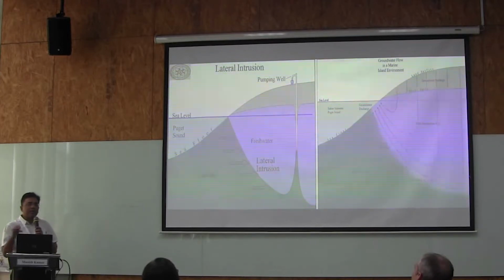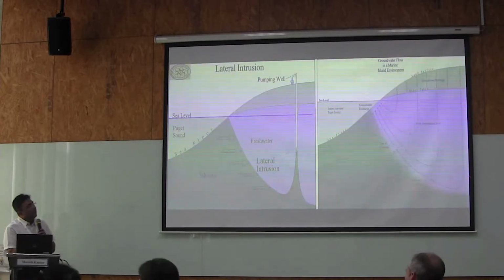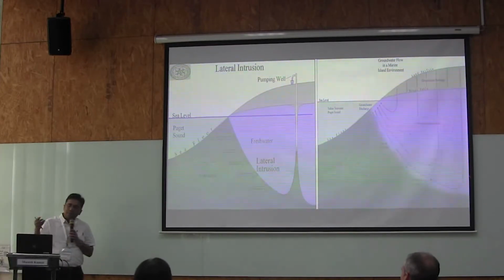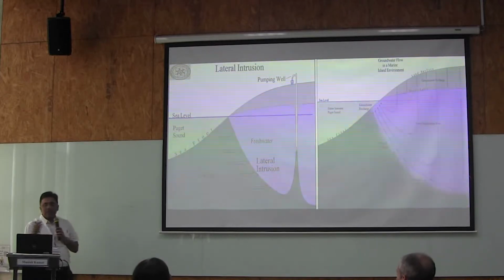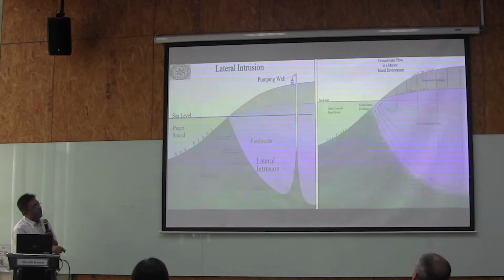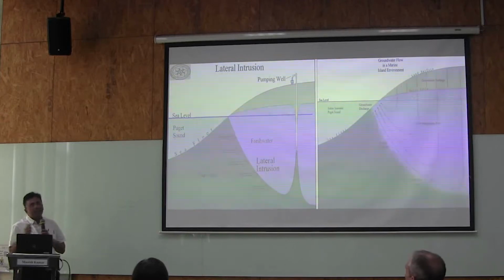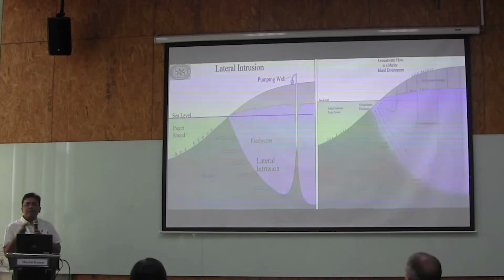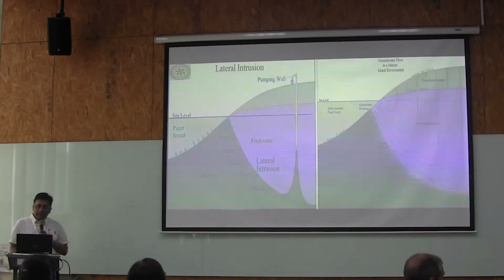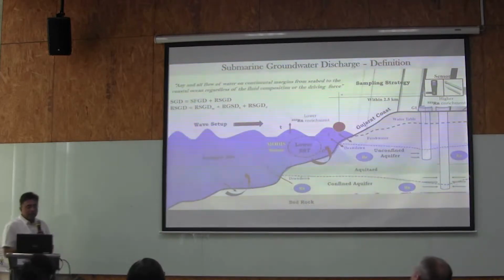It is not only that seawater intrudes into the aquifer; even if there is no anthropogenic interference, there will be a lot of fresh water likely to go into the seawater due to hydraulic gradients, and that is called submarine groundwater discharge. So submarine groundwater discharge is just the opposite of seawater intrusion.